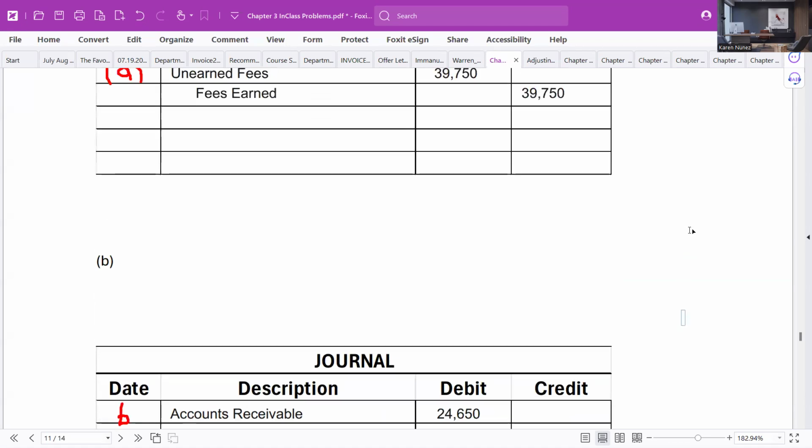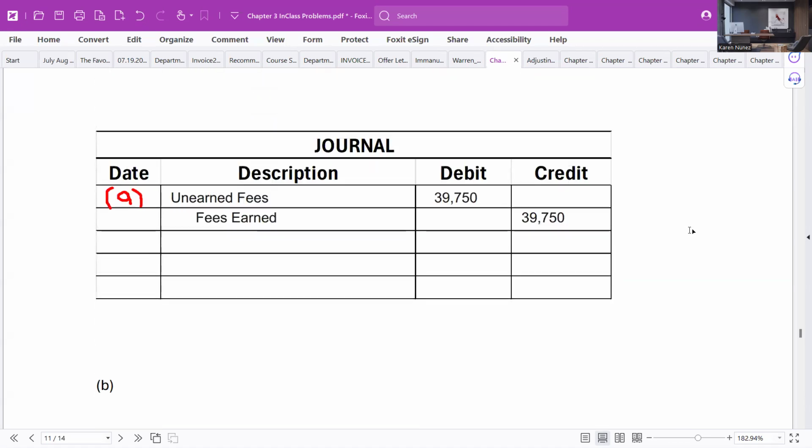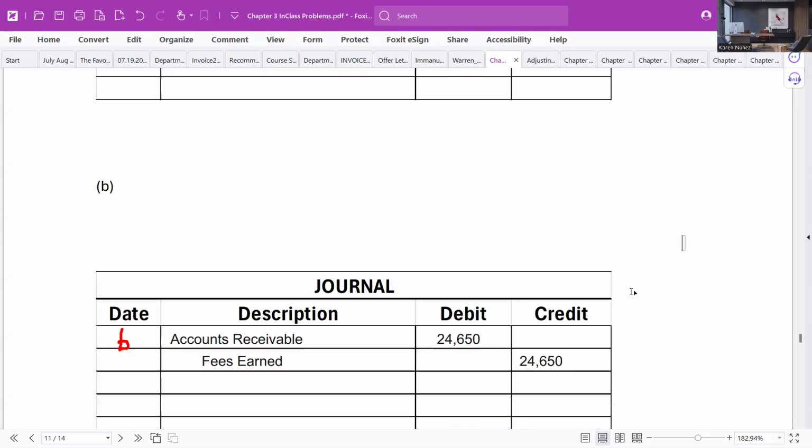Okay. So again, A is to adjust the unearned fees that were deferred. Now we're recognizing them. B is to adjust for fees that we haven't billed yet, but we've earned them. So we're going to record them by debiting the receivable and crediting the revenue account.